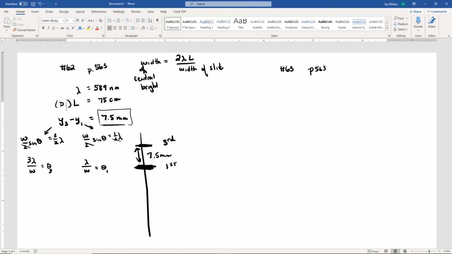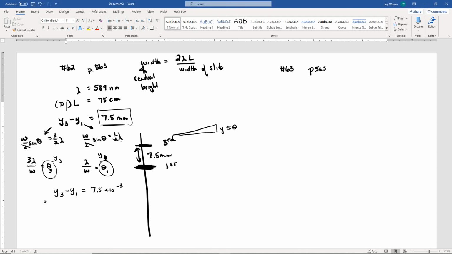So I know that y3 minus y1, remember that these are equal to the y values. We do that long scrawny triangle where y is equal to theta. The side length is equal to theta. So let's do this. y3 minus y1 equals 7.5 times 10 to the negative third.